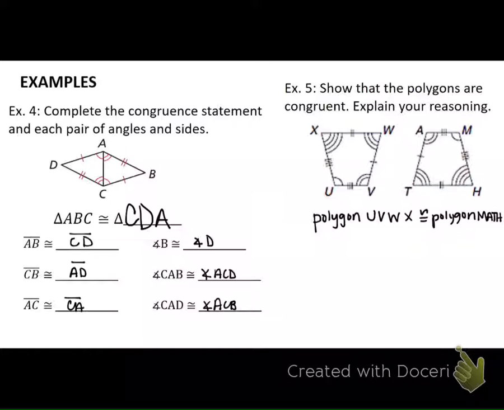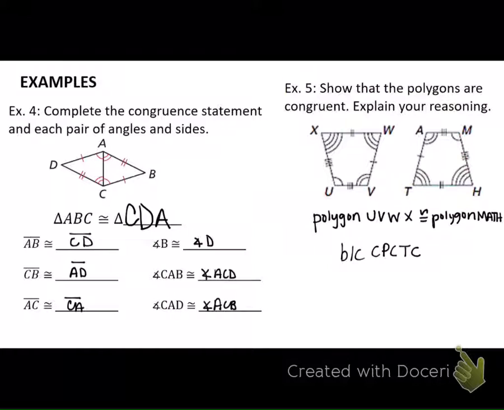Are WX and TH congruent? Are UX and MH congruent? So UX and MH. Are these 2 congruent? You would say because corresponding parts of congruent triangles are congruent. That's corresponding parts of congruent triangles are congruent. All right.